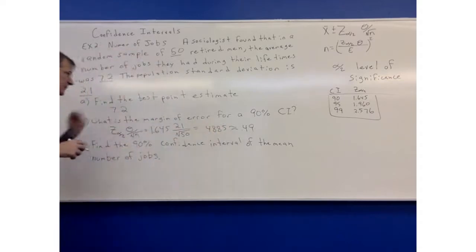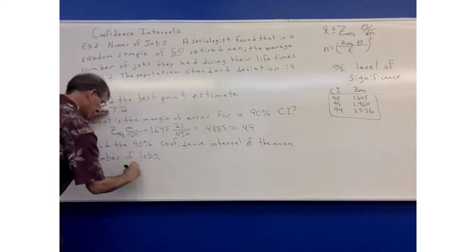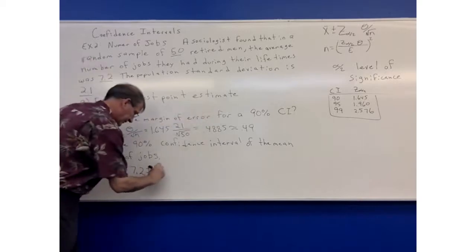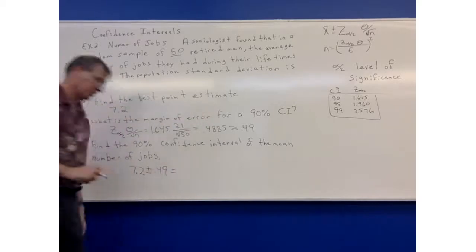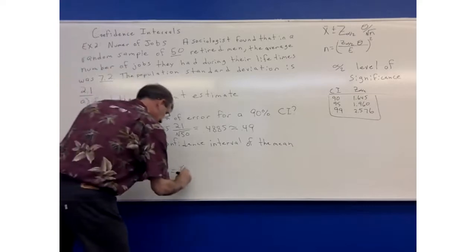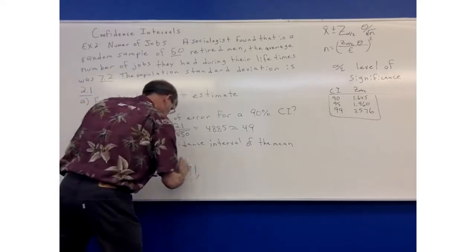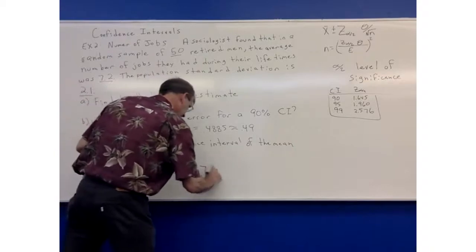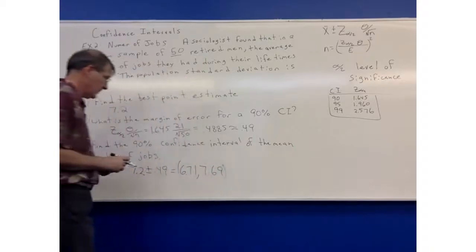Okay, find the 90% confidence interval. Well, you take your best point estimate, 7.2 plus or minus 0.49. So if we do that, 7.2 minus 0.49, 6.71, and 7.69.